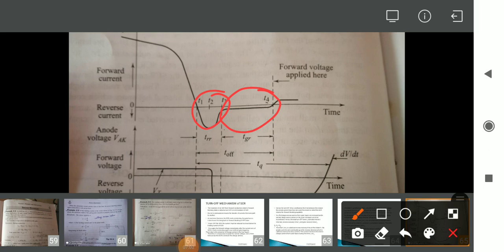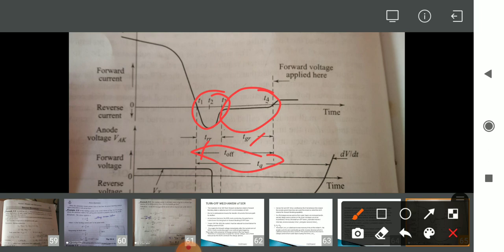In the first stage, excess carriers from the outer layers are removed, and in the second stage, excess carriers from the inner layers are removed. Hence, the total turn off time TQ is divided into 2 intervals, that is TRR plus TQR. That is over here. You can see TRR and TQR is the total turn off time of an SCR.